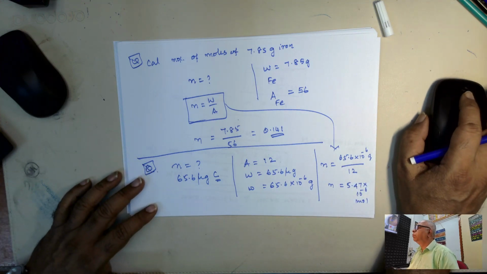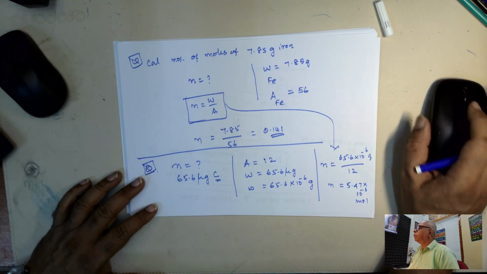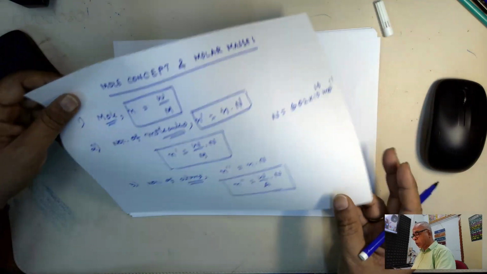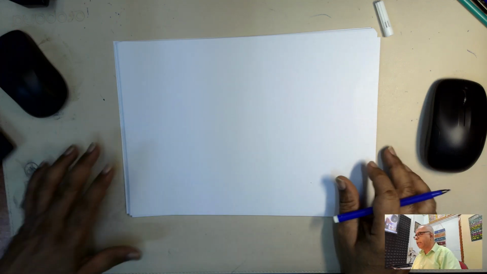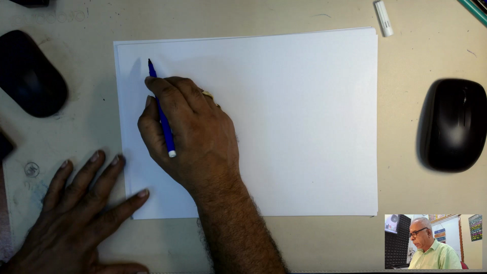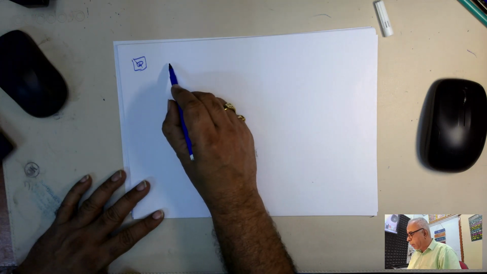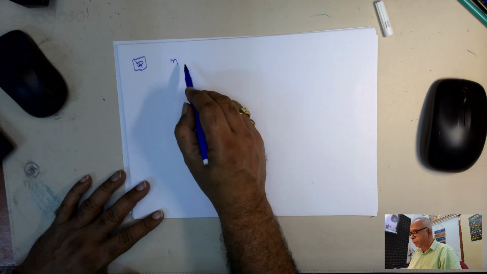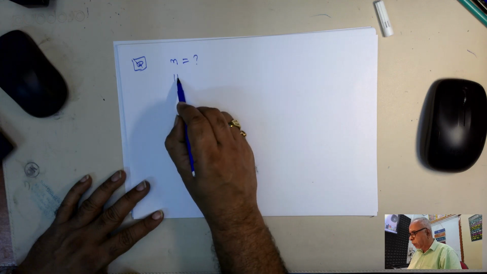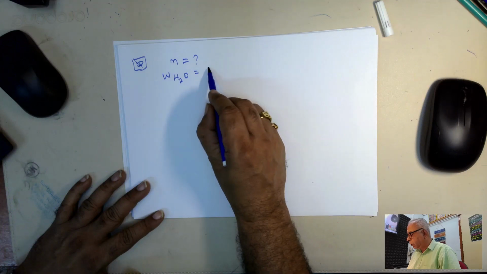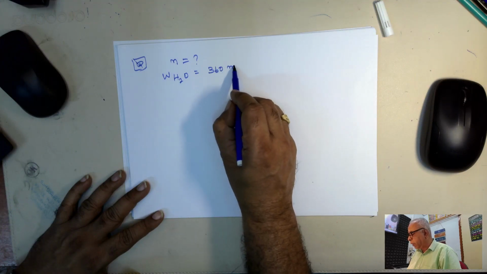Now we need to calculate the number of atoms. We were discussing number of molecules or number of atoms. Let me take up another question. Calculate the number of moles of water of 360 ml.